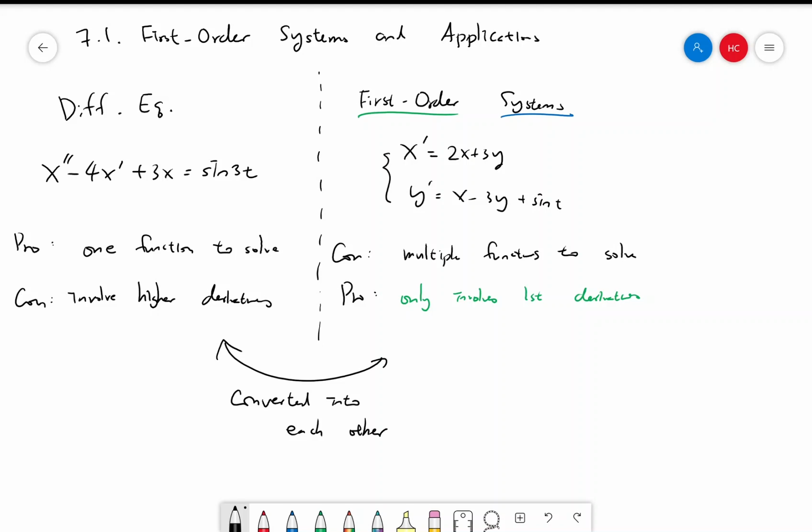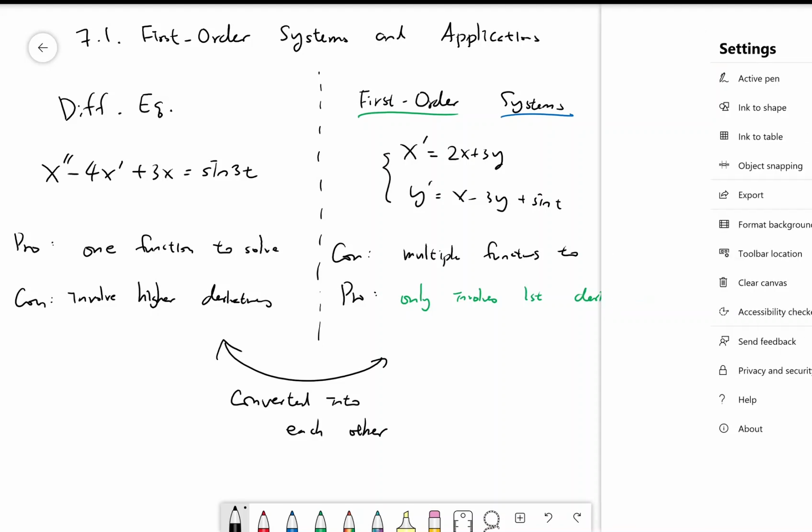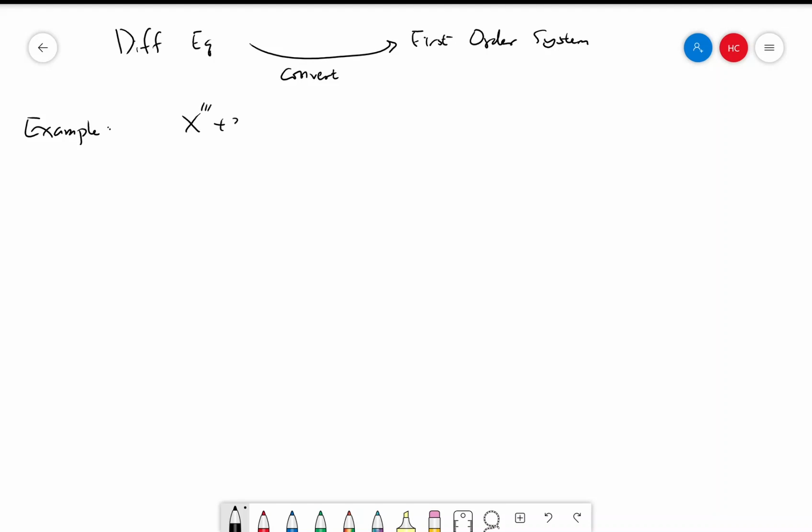All right. So let's first learn how to convert a differential equation into a first order system. Let's directly do an example. Suppose we have a differential equation: x third derivative plus 3x second derivative plus 2x prime minus 5x equals sine 2t.